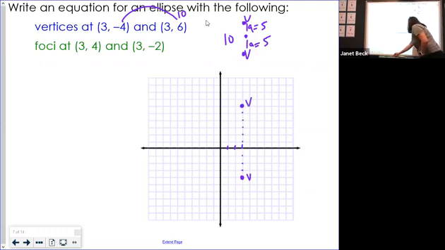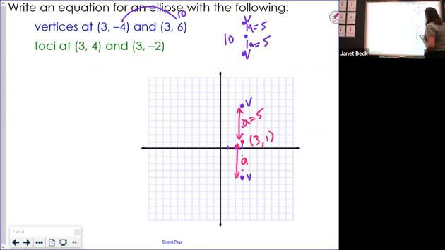Okay, so hopefully you can see there that the center is here. The center is at the point 3, 1, and we're going up 1, 2, 3, 4, 5 to a vertex. A is 5. And so we can already put quite a lot of stuff in the equation.